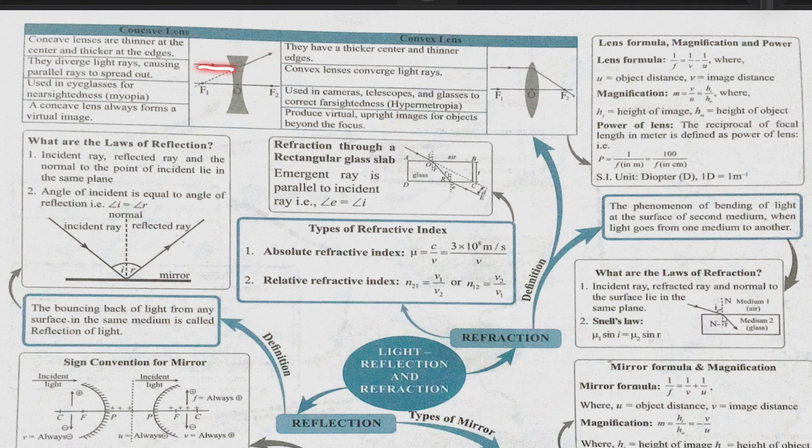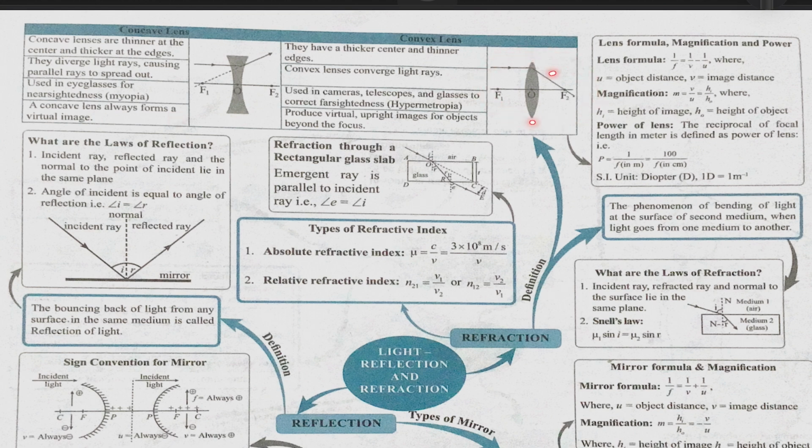We are considering just one ray so that it will be easy to revise. It is used in eyeglasses to correct the defect myopia. A concave lens always forms a virtual image. Very important, a concave lens always forms a virtual image.